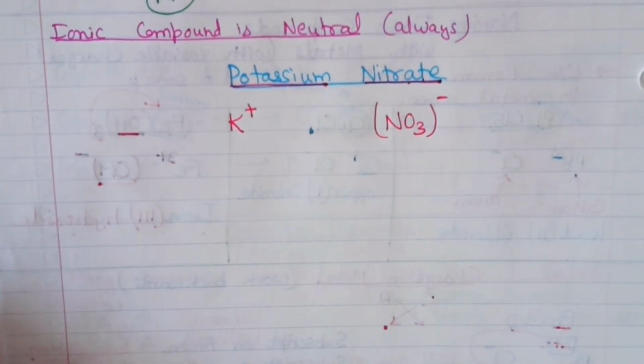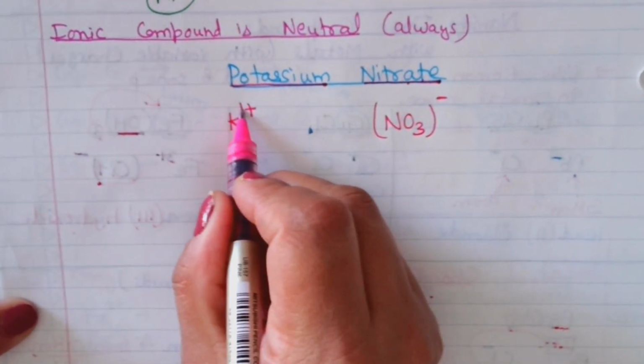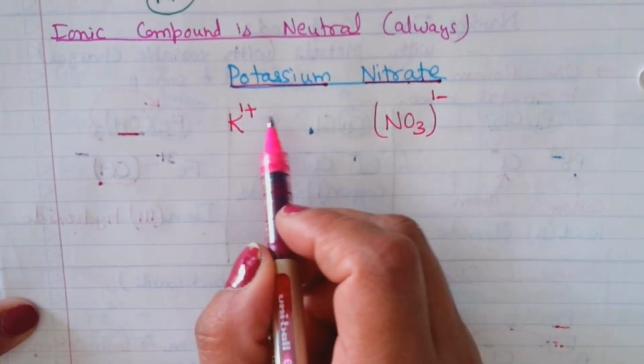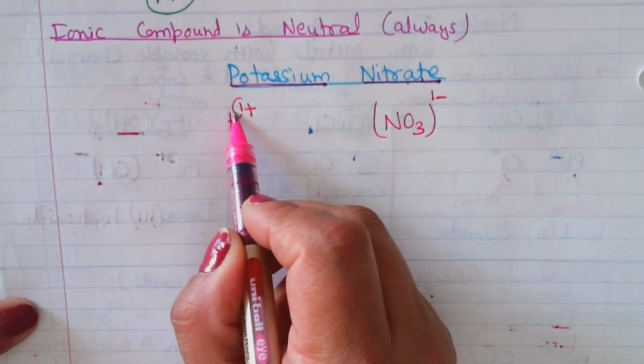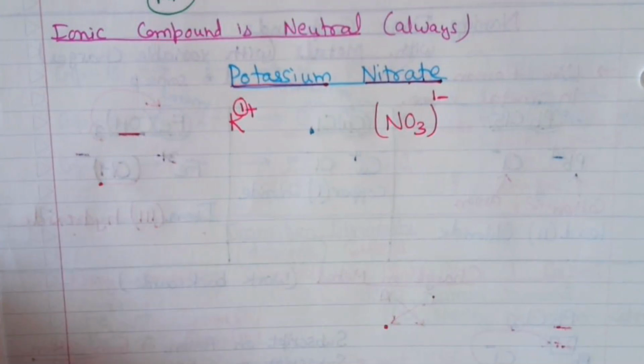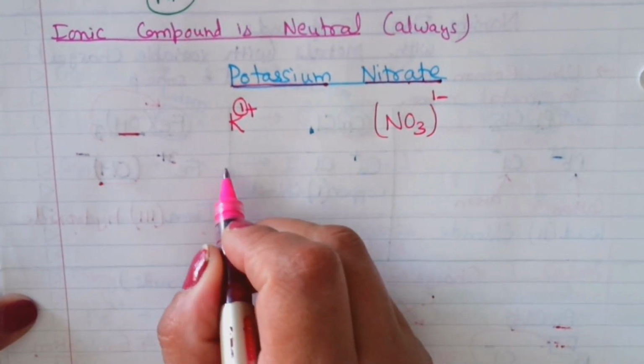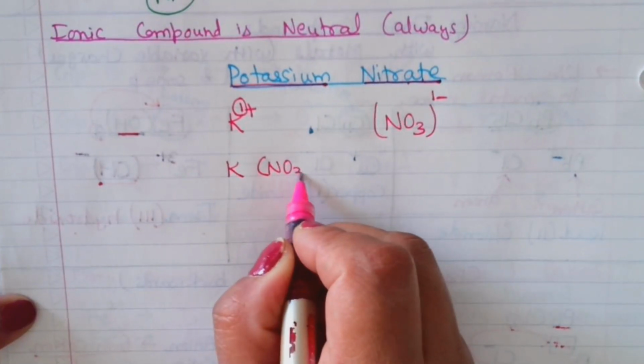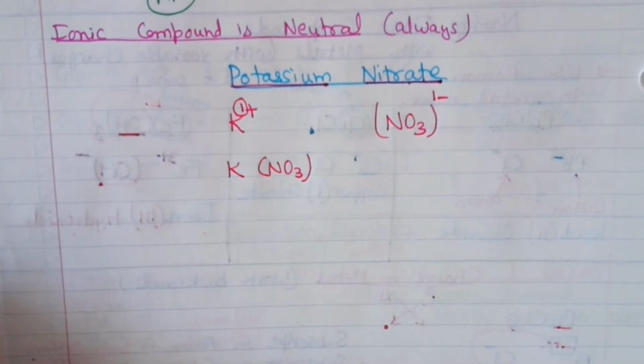So always do the crisscross. So potassium has a charge of 1+ and nitrate has a charge of 1-, right? So let's write down K and then NO3, right? So these are the two ions.